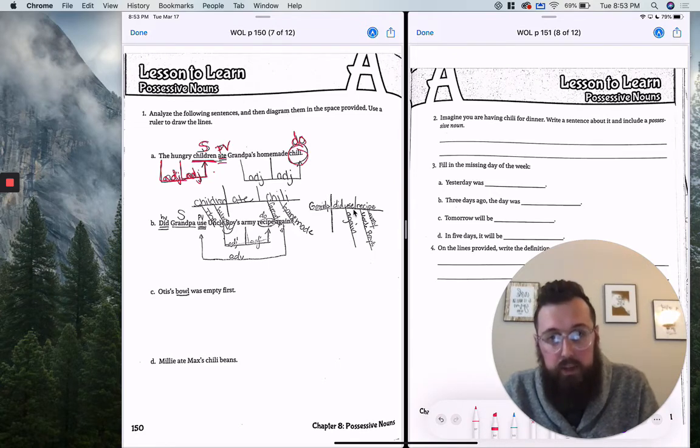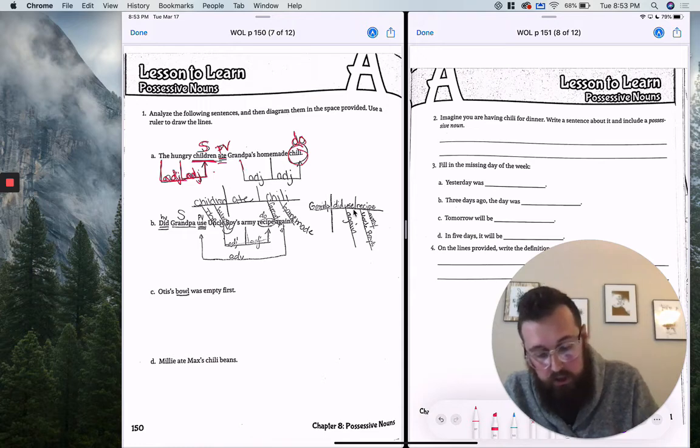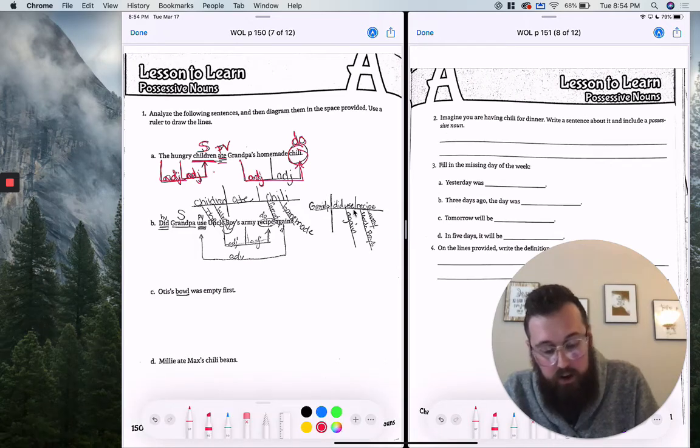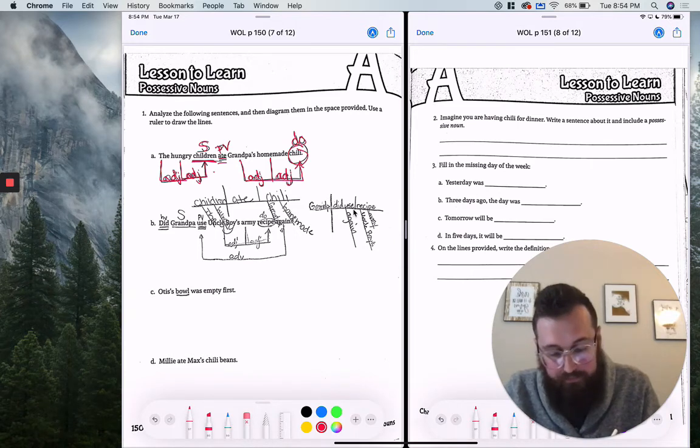In the next part, our possessive noun is acting as an adjective. So whose chili is it? It's Grandpa's chili. And homemade is describing the chili. It's not store-bought chili, it's homemade chili.